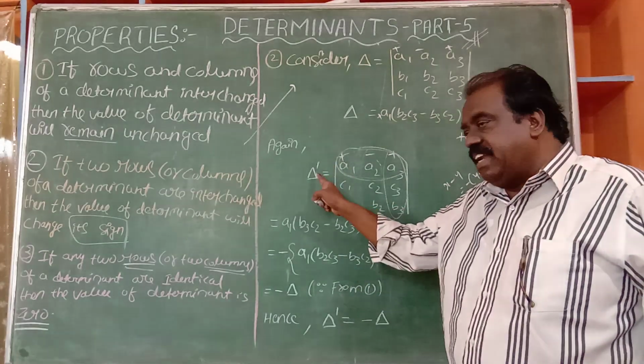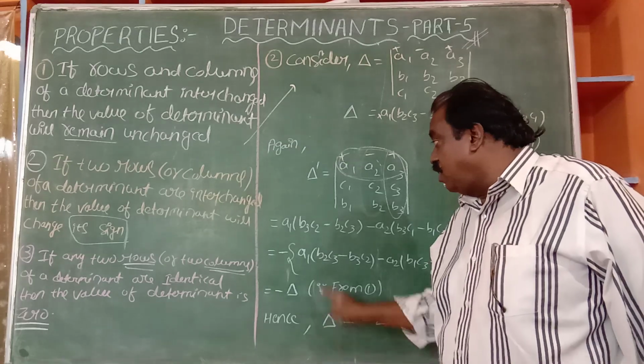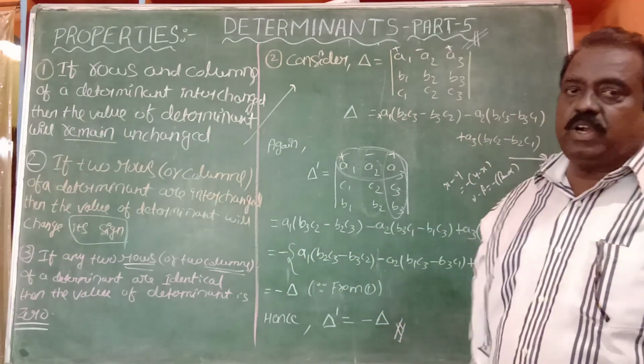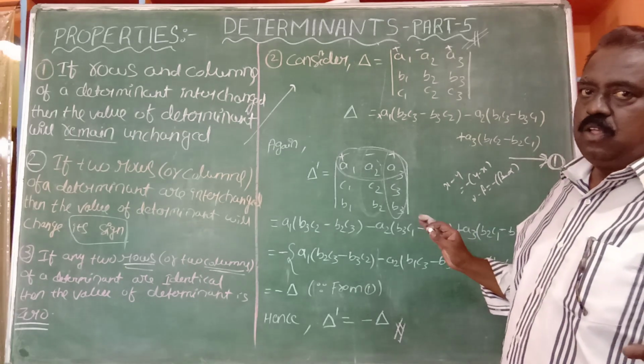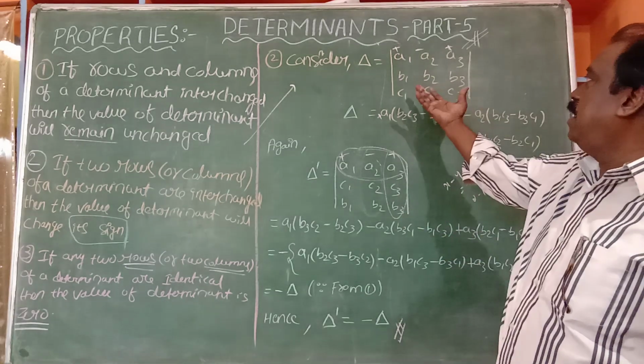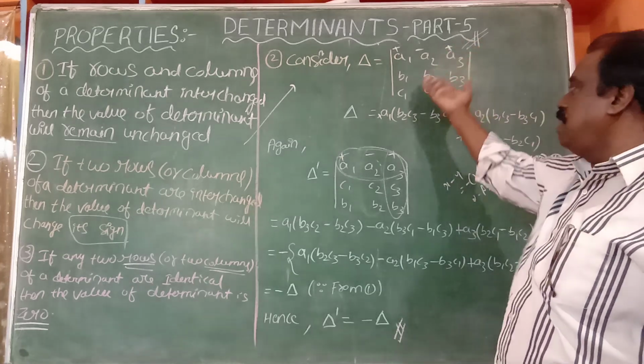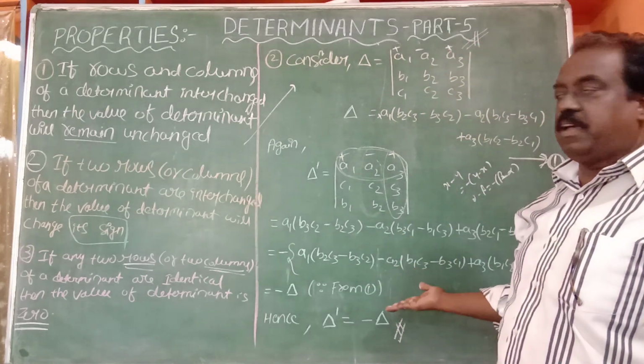So we consider delta dash is equal to minus delta. That is what we require to prove. Here in the determinant, if 2 rows, we may take columns also, we will get the same answer.